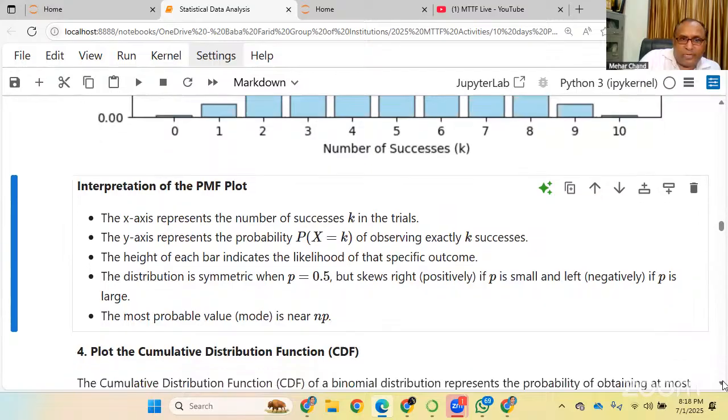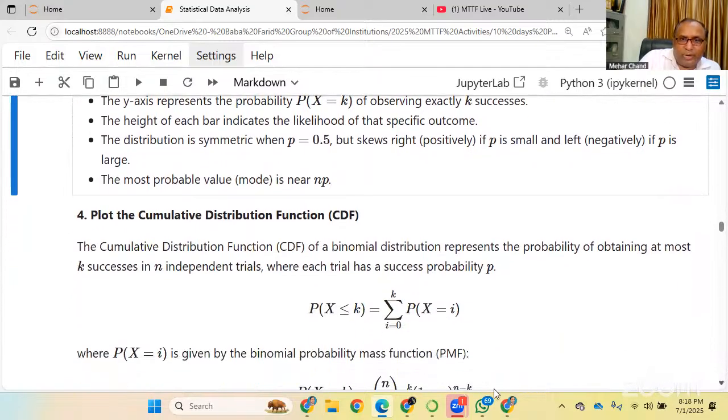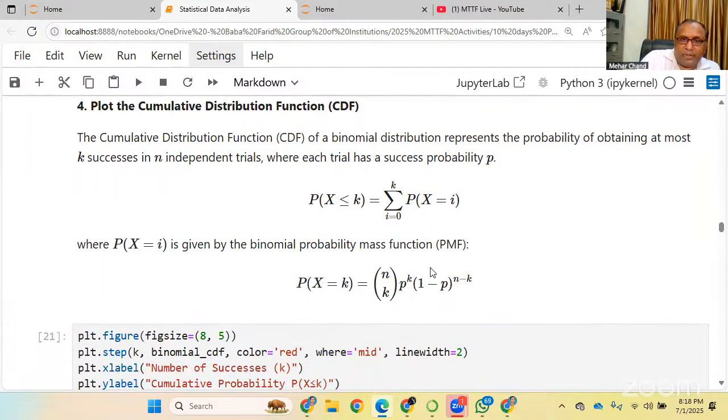If you need to plot the cumulative distribution function, we can do that, and this is the definition. The cumulative distribution of a binomial distribution represents the probability of obtaining at most k successes in n independent trials, where each trial has a success probability p. P(X less than or equal to k) is the summation from i equals 0 to k of P(X equals i), where P(X equals i) is given by the binomial probability mass function, and you have this formula which we discussed in the previous one.